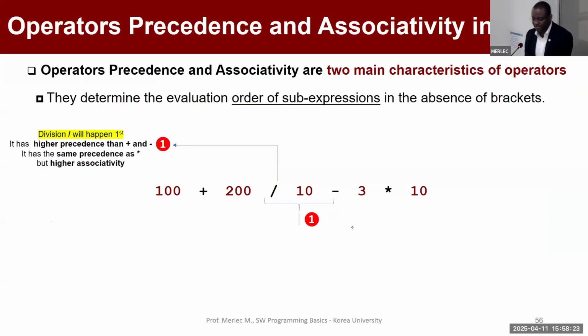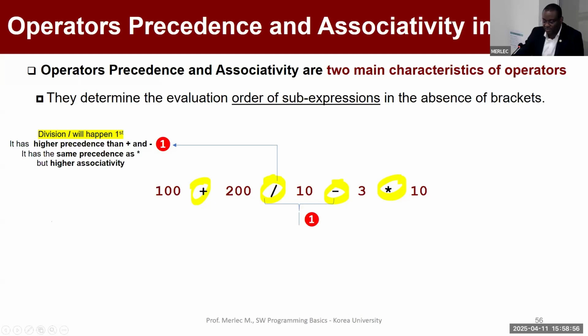For example, in this sub expression, here you have 1, 2, 3, 4 operators in one expression. In terms of precedence, this one, division, will be the first to be performed because it has a higher precedence than plus and minus, because we go from the left to the right. And then it has the same precedence as the multiplication.